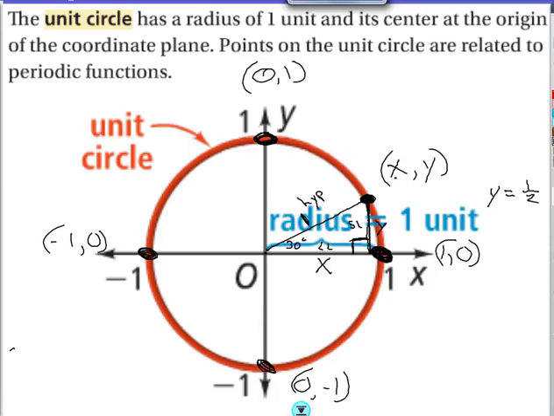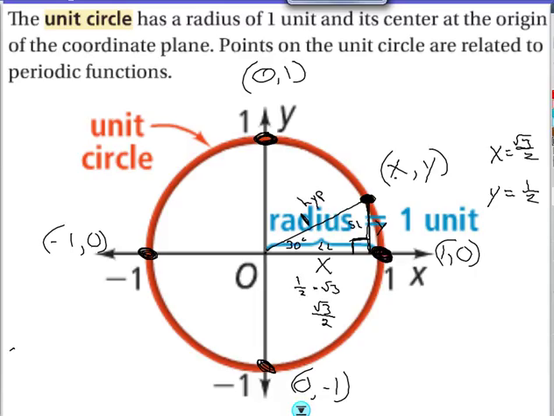Multiply by what? The square root of 3. You multiply by the square root of 3. So the x would equal 1/2 times the square root of 3, which we could rewrite as square root of 3 over 2. So x equals square root of 3 over 2.